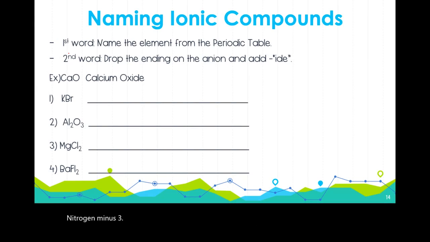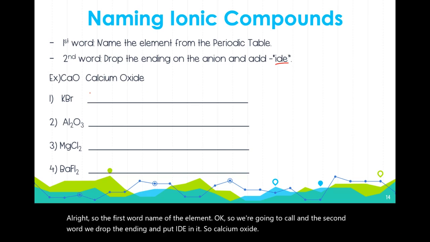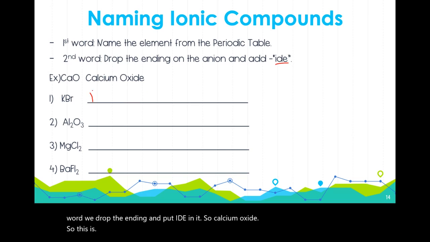All right, for naming, the first word is the name of the element. In the second word, we drop the ending and put -ide. So calcium oxide. This is potassium, I don't know if I spelled that right. Potassium bromide.